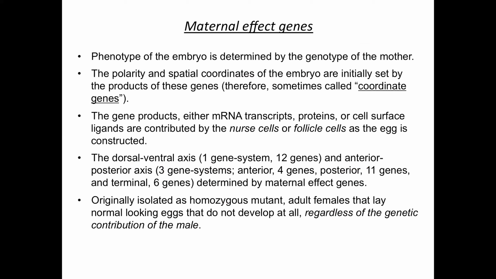So now you can imagine that the mom is doing all of this. When do these processes get initiated? As the egg is developing, all of these gene products need to be made by the egg and then laid into it, so that once the egg is fertilized, the different axes of the embryo are specified.